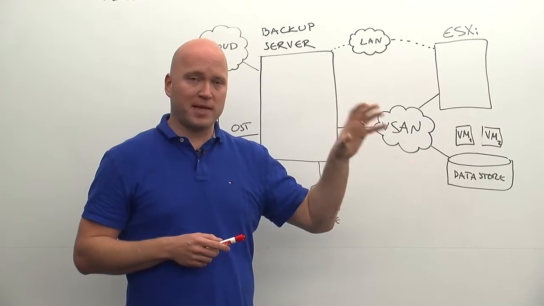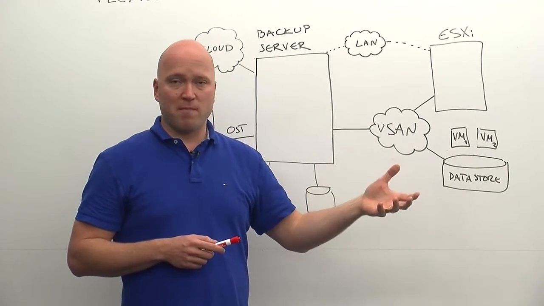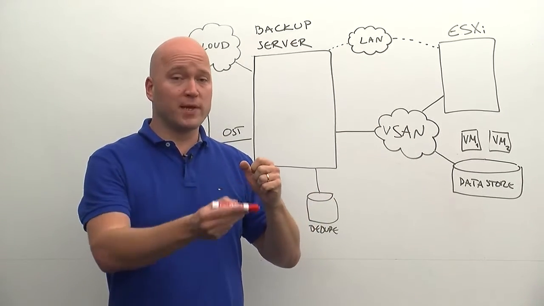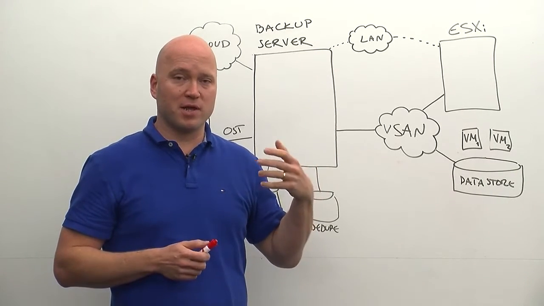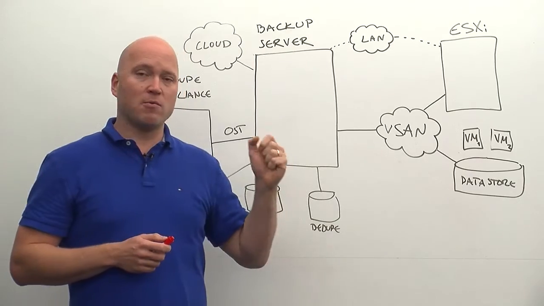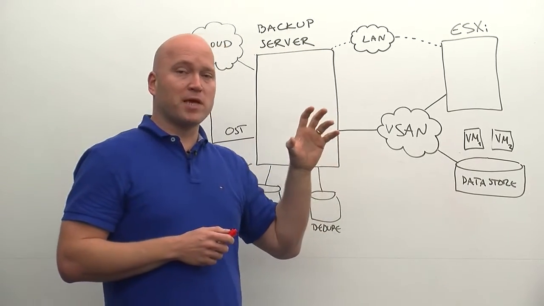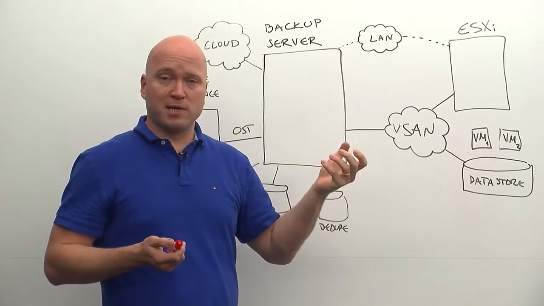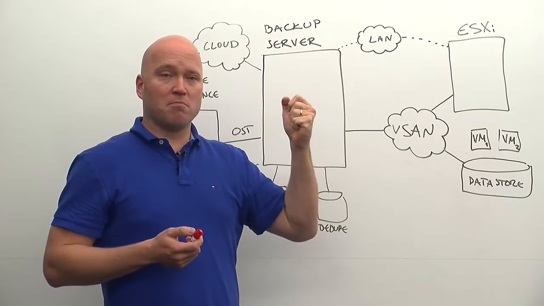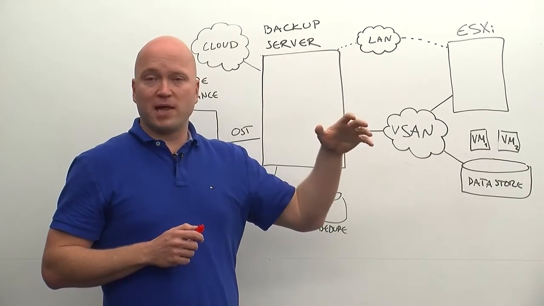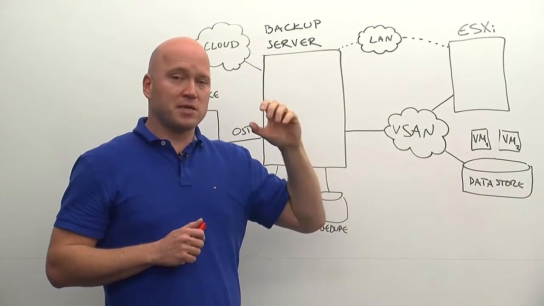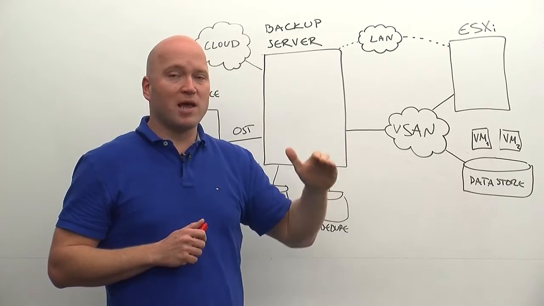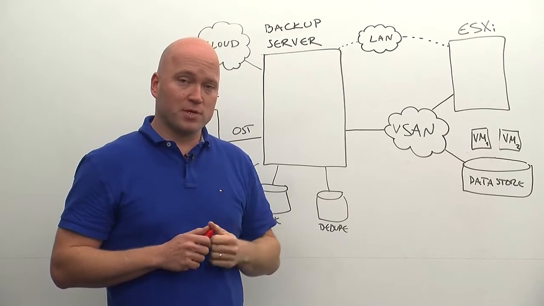We just collect some metadata as part of that backup, but we don't use it for moving data. That's all done through that vStorage API integration. And we just collect some metadata so that we can then restore, for example, an Exchange that's on a VM, on an email level or a database level, Exchange database level. So you can basically pick and choose the right level that fits your needs at restore time.